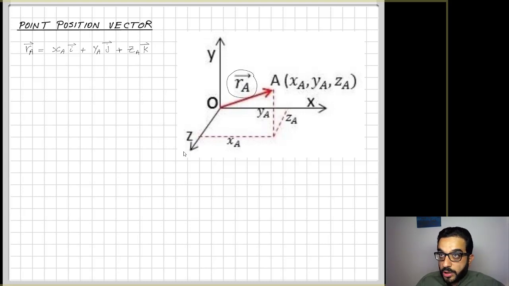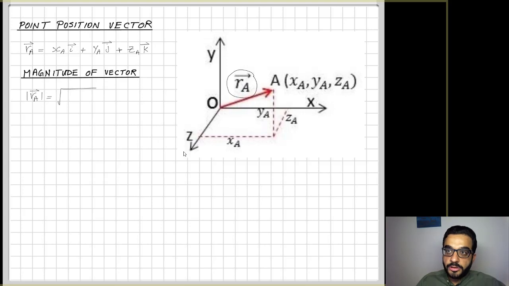Now for that vector, R_A, I can calculate the magnitude, and we know from calculus the magnitude of a vector is the square root of the sum of the squares of its orthogonal x, y, and z components.